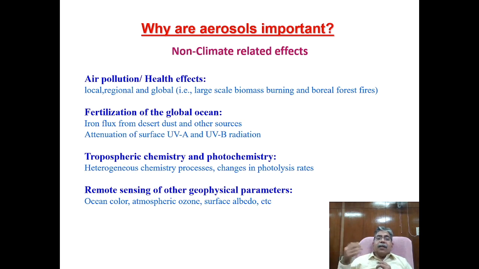Then they also cause attenuation of ultraviolet radiation, UVA and UVB particularly, which will again have an impact on the fertilization of the global ocean. Then, of course, they also impact the tropospheric chemistry and photochemistry of the atmosphere, where different kinds of atmospheric particles with different chemical characteristics interact with each other, and eventually change the photochemistry in the atmosphere. That is, they have different effects on different ranges of radiation in the atmosphere.